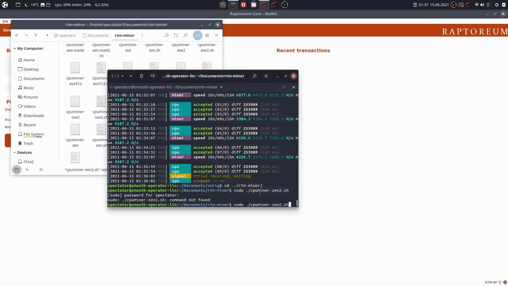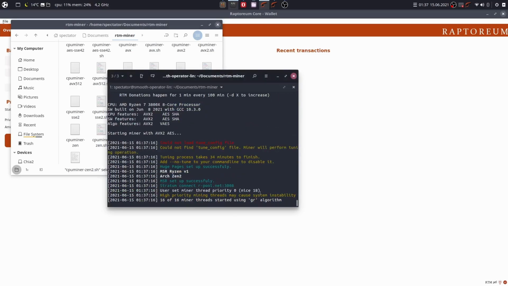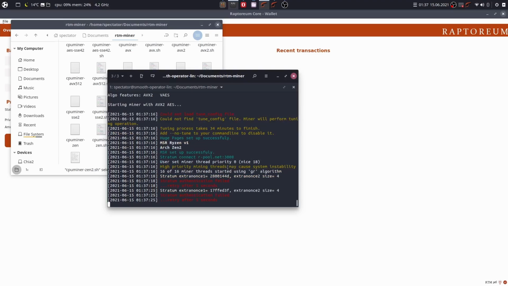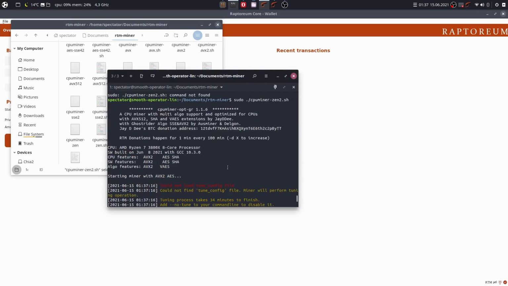And now this should run. Yes, it is running. CPU detected: Ryzen 3800X.